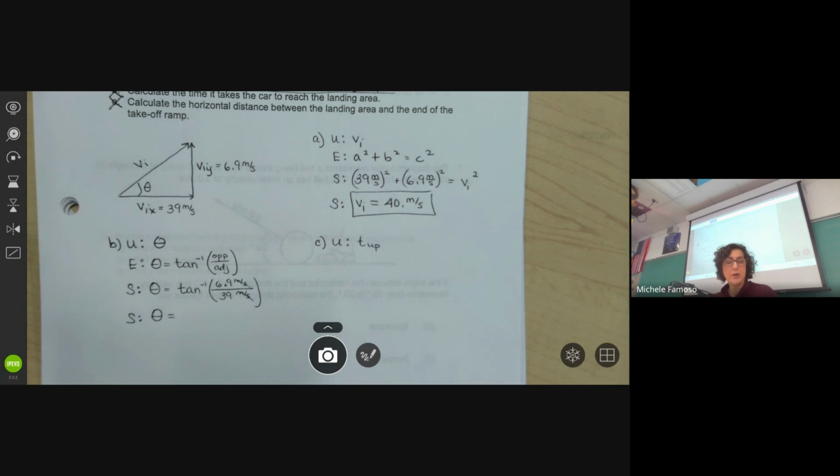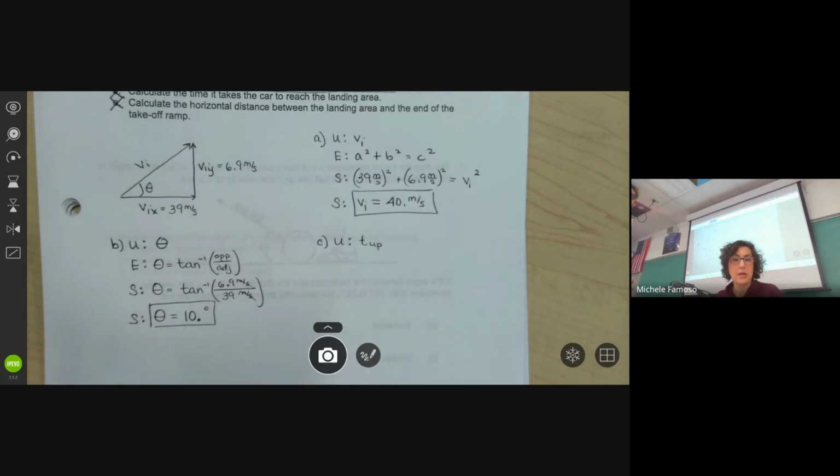When I say nearest degree, that means the digit in the ones place must be significant, and that's where you end it. Shane, can you tell me what you got? And what units go on this? Degrees. 10 point degrees. Nearest degree is 10 point degrees.